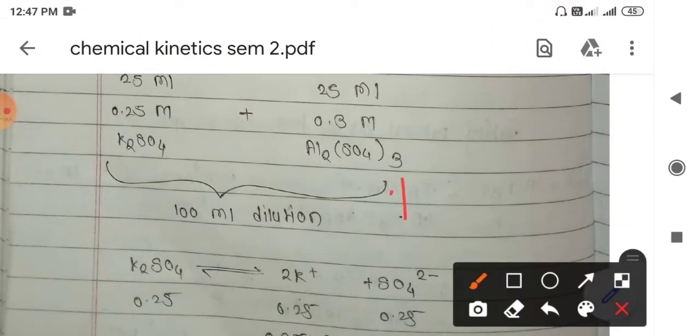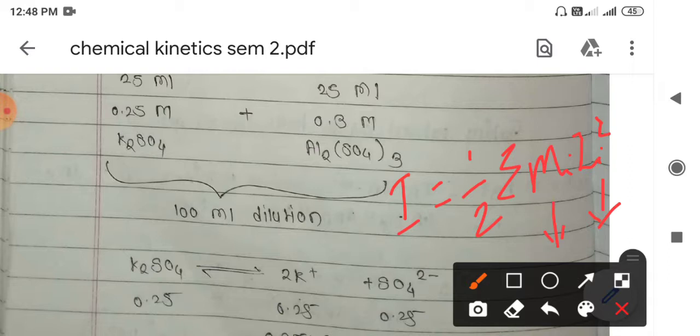The ionic strength of a solution is given by 1 by 2 summation of Mi Zi square, where Mi is the molarity of the given ions, and Zi is the charge of that particular ion.